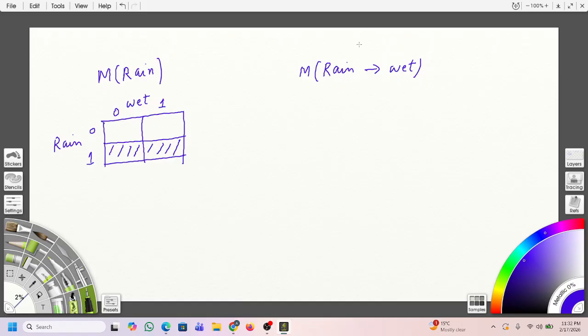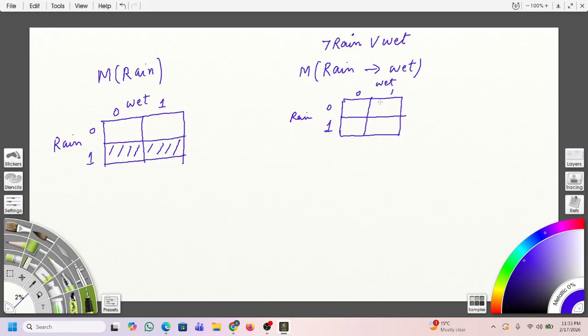Now if I talk about rain implies wet, this is basically saying negation of rain or wet. So if I draw this for rain implies wet, it will be 0, 1 for wet and 0, 1 for rain. Even if either of them is true, then the output will be true.